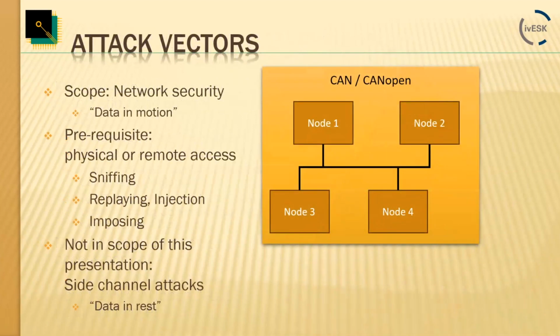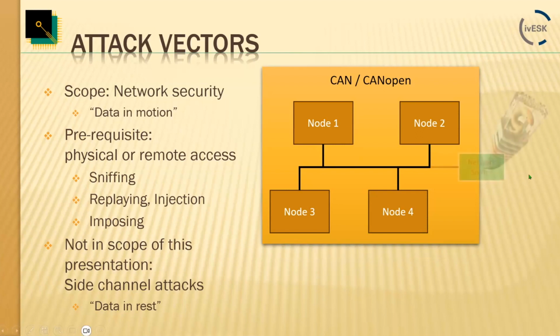Now, let's look at some of the attack vectors that we have seen implemented by various attacks in the past. I would like to differentiate a little bit here between data in motion and data at rest, really not worrying too much about all the many side channel attacks there are, because they are not really of concern to us on the CANopen level.